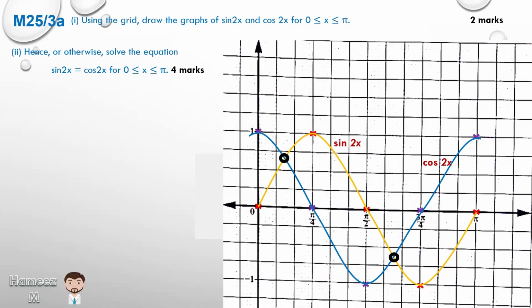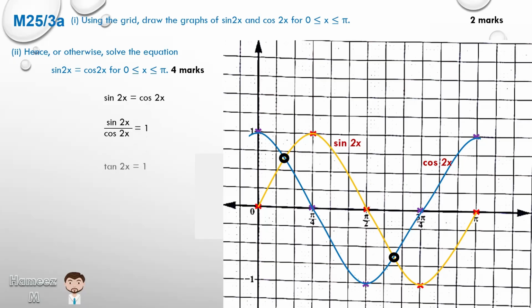So we can also do it the theoretical way, which says that sin 2x equals cos 2x. If we divide both sides by cos 2x, the right-hand side will be cos 2x over cos 2x, which is 1. And the left-hand side will be sin 2x over cos 2x. And what is sin over cos?